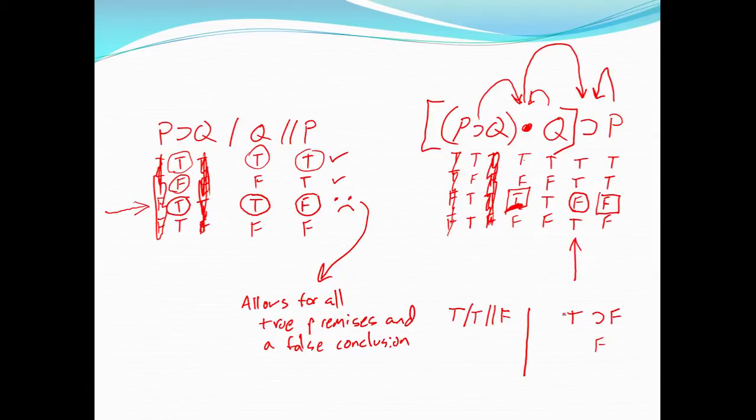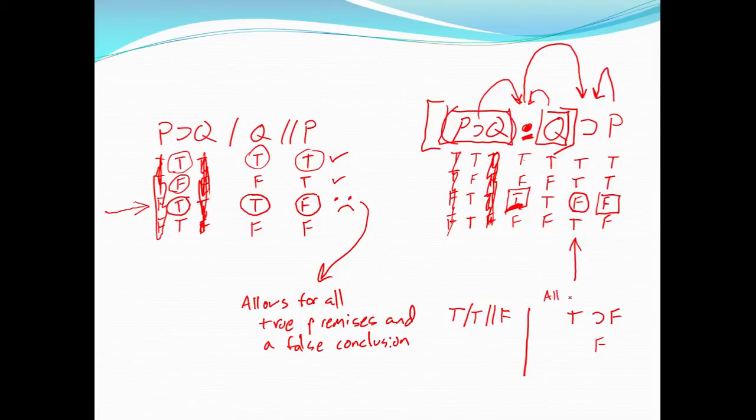Well, that true antecedent, remember, was our conjunct, which connected our two premises together. So this really means all true premises. To have a true antecedent with a corresponding conditional, you have to have premise 1 true and premise 2 true because they're combined with a dot.